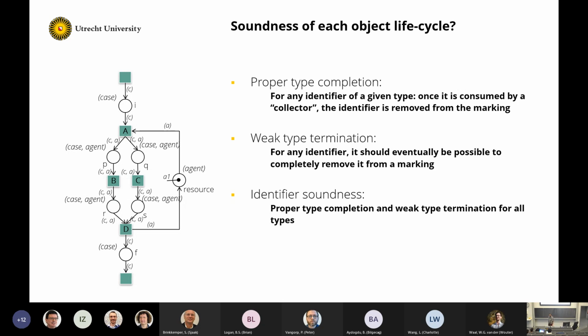And how would you ensure soundness? Then there's no soundness. Because there is no collector, proper completion is always guaranteed. But for weak termination, is it being removed? It's never removed. And hence, there you have the problem. It's not weakly terminating.